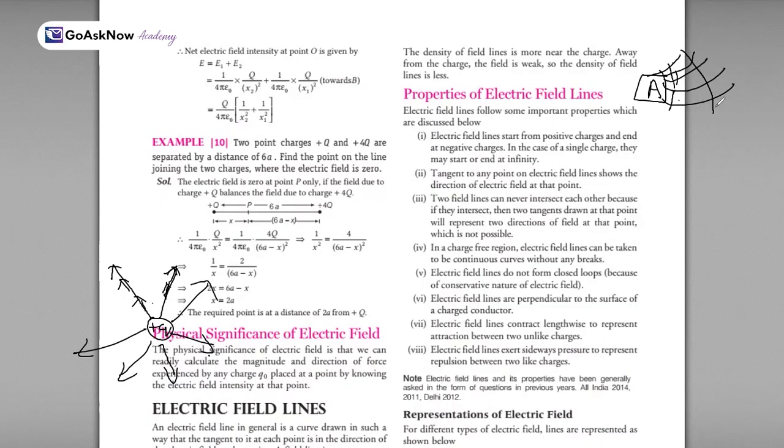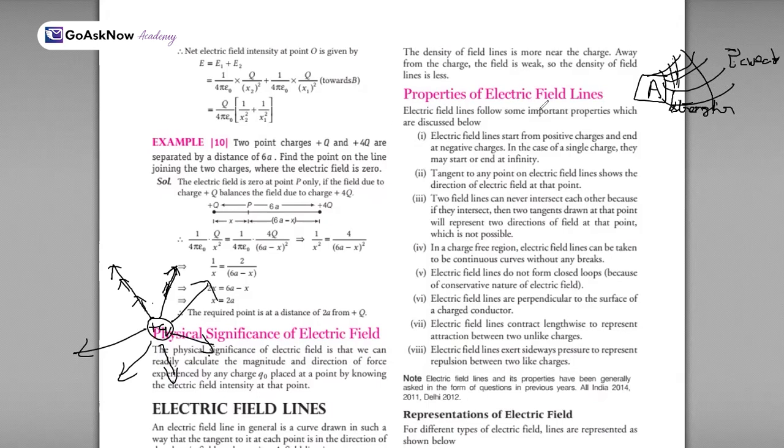The density of electric field lines is weak here, so the field will also be weaker here, and here the field is stronger. So be aware of this point: where field lines are dense, the electric field value is also higher, and where the field lines are not dense, the electric field strength is weak.